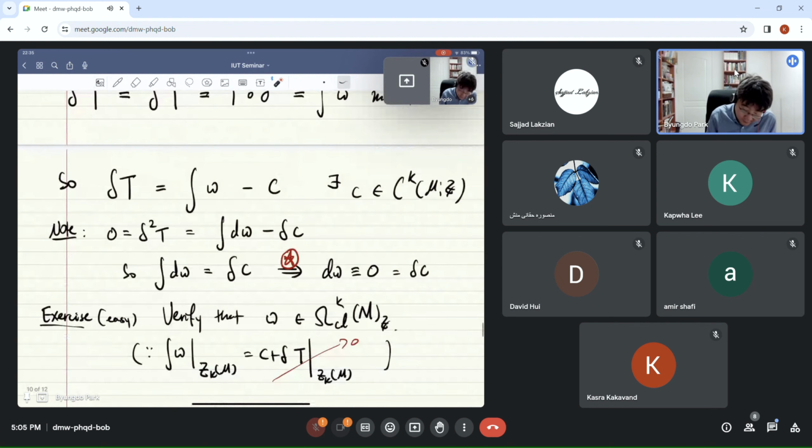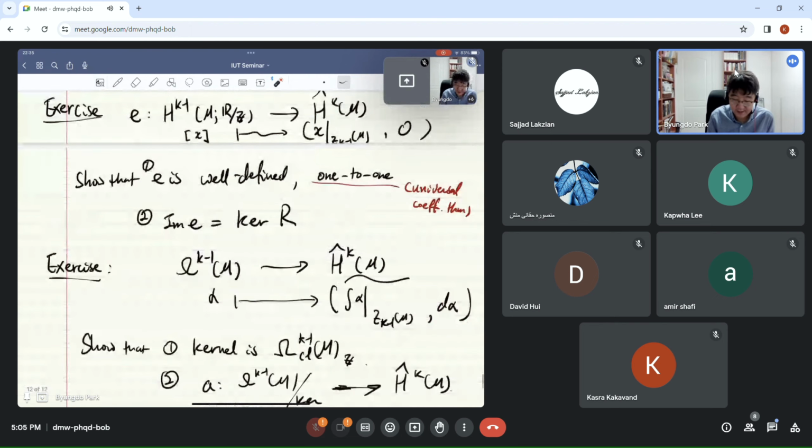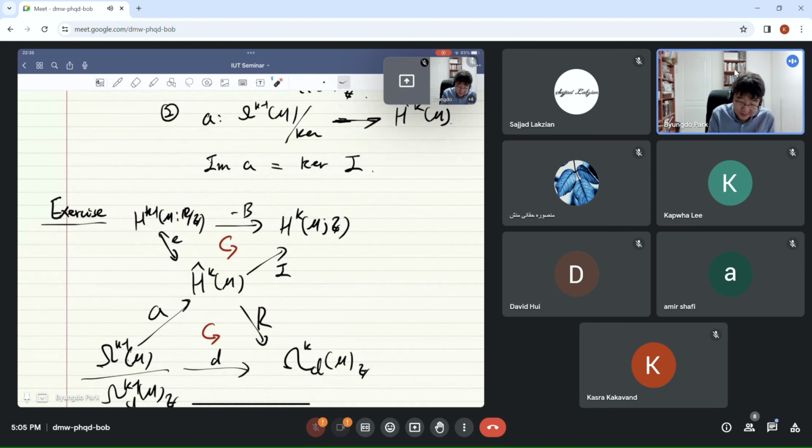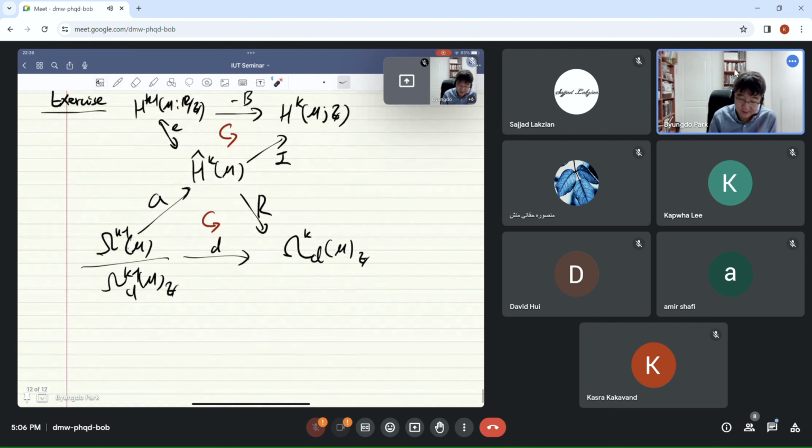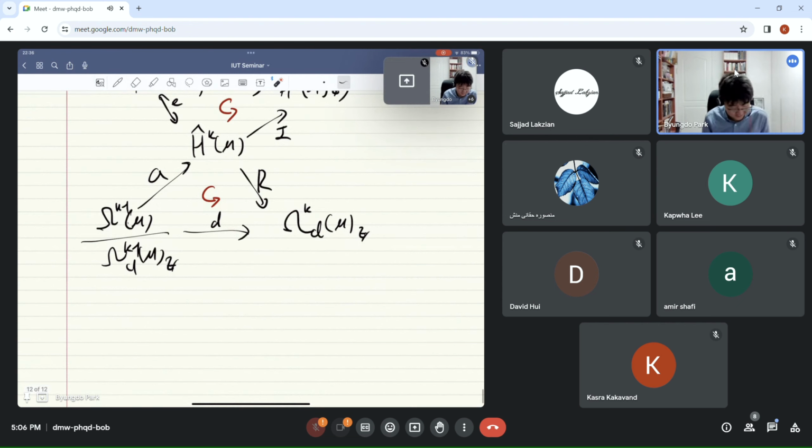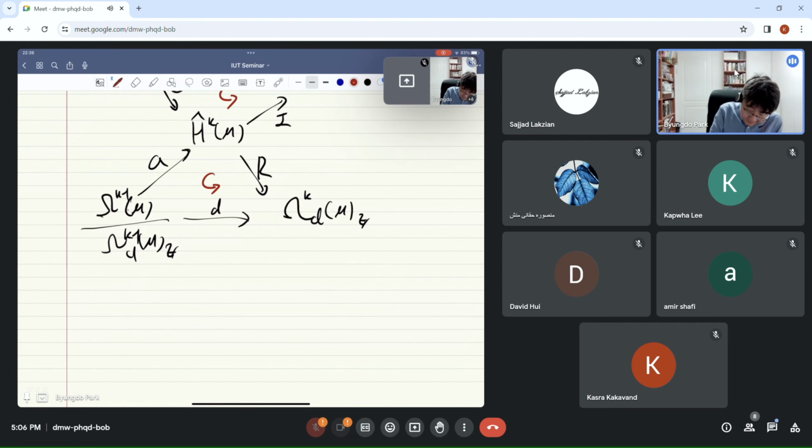So the only thing that you will need to check is what actually the Bockstein map does. Actually, it basically takes the coboundary of your thing. Then really you go in this way, then the minus Bockstein gives you exactly the same image. That might be, not much work, but something slightly less obvious than the rest. Okay, and this thing is an exercise. I wouldn't say this is difficult, but it's an exercise.